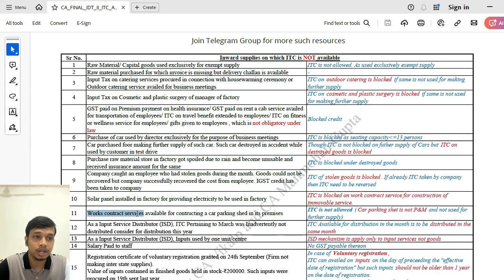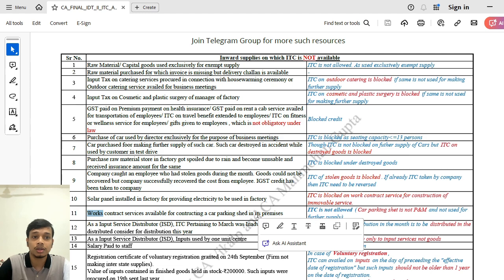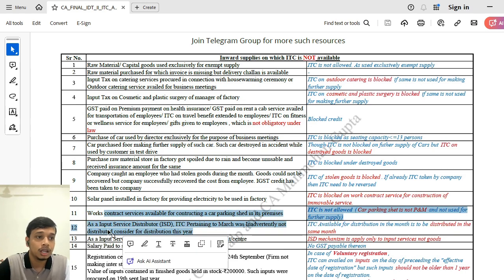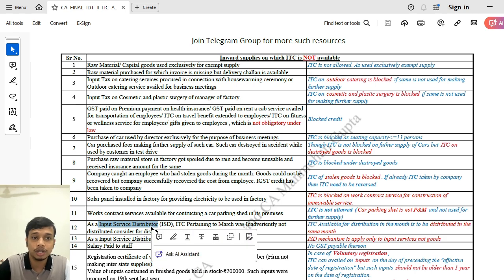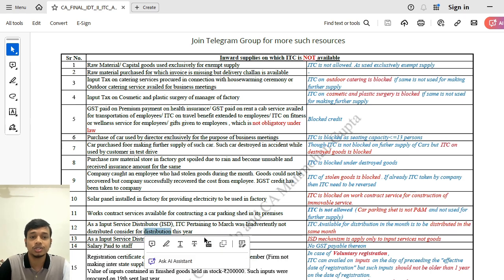11th, work contract services availed for construction of car parking shed in its premise. So car parking shed is not a plant and machinery. So in this case also work contract services is blocked for ITC. 12th, as input services distributor, ITC pertaining to the March was not distributed, considered for the distribution in this year.